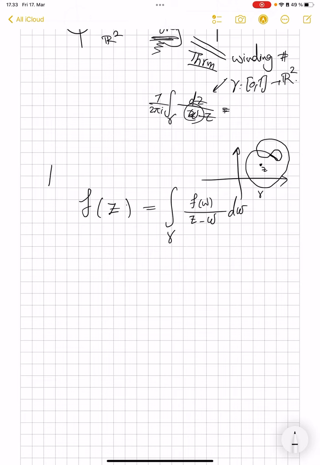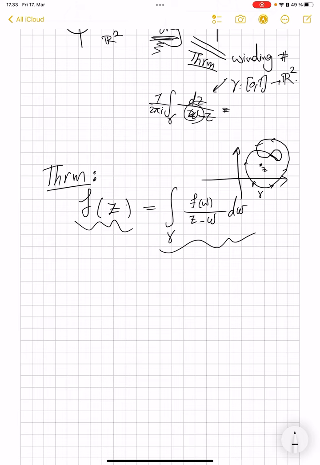When you read such a theorem, what you should really ask yourself is, wait a second. Only values of f along this curve are considered. And how could they uniquely decide what f is going to be at the point z?